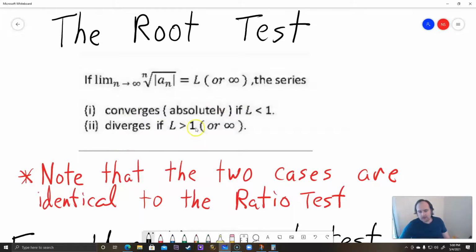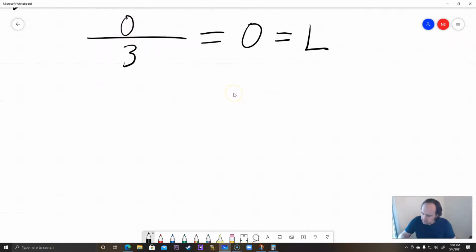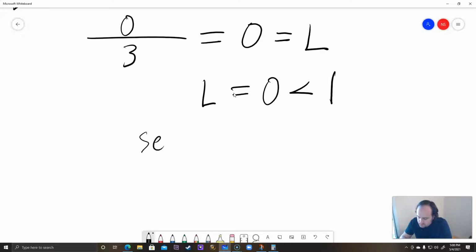And if L is greater than 1, or if L is infinity, it diverges. Okay, so here, L equals 0. Since L equals 0, which is less than 1, the series converges, and it actually converges absolutely.